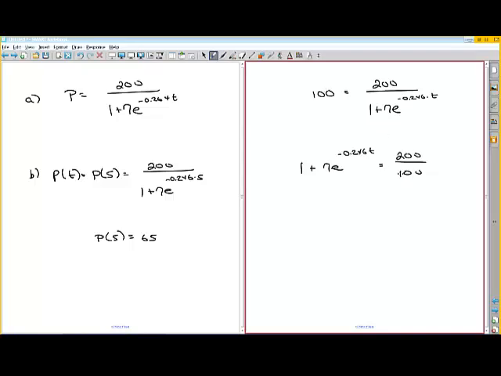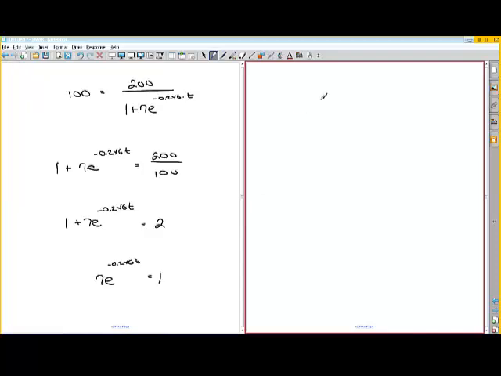So this goes to the denominator, and this comes up to the numerator. Subtract 1 from both sides. Divide by 7.